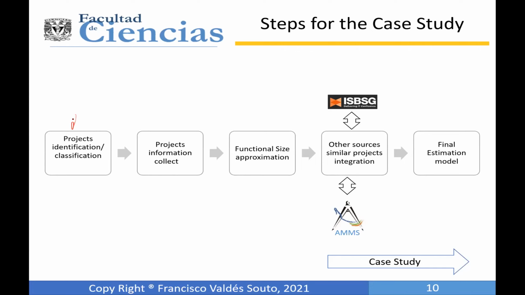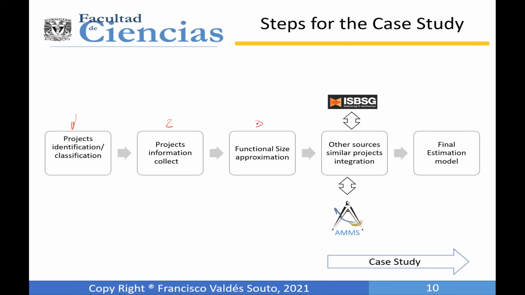After the identification of the type of project, we need to collect information. The information collected is all the information available about, as we mentioned, the first language, the first operating system, and so on. After we have identified the projects and collected the information, we make a functional size approximation.